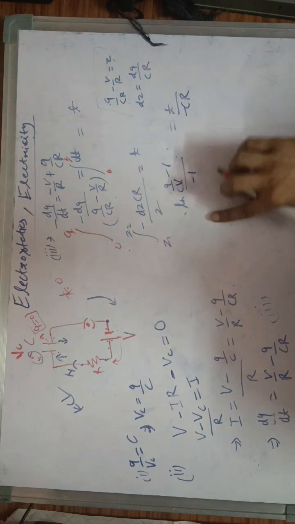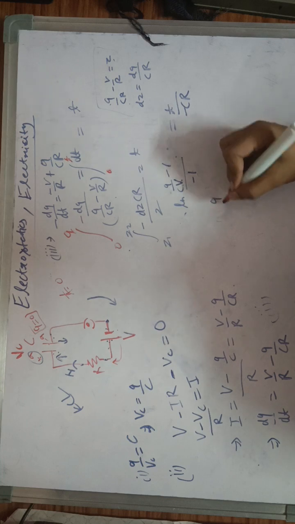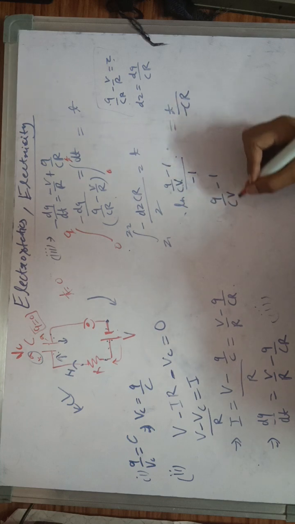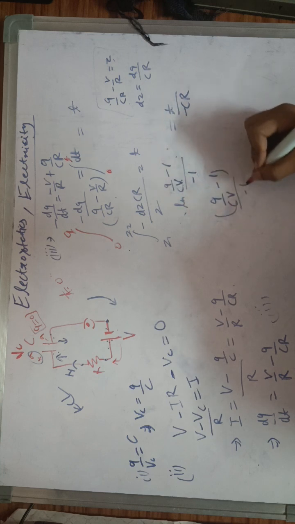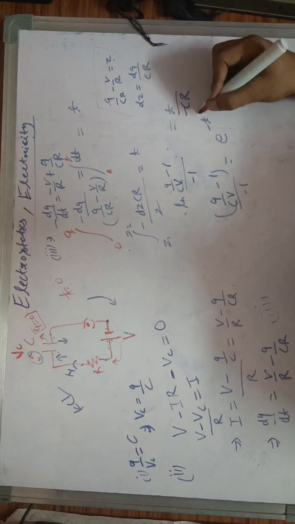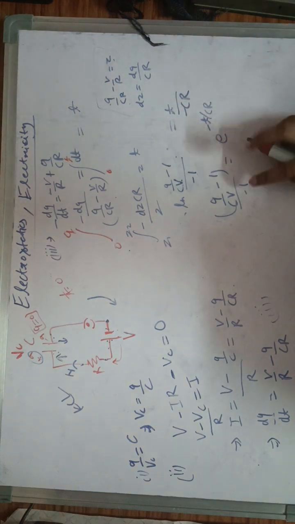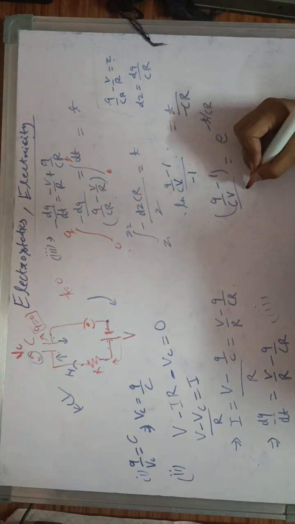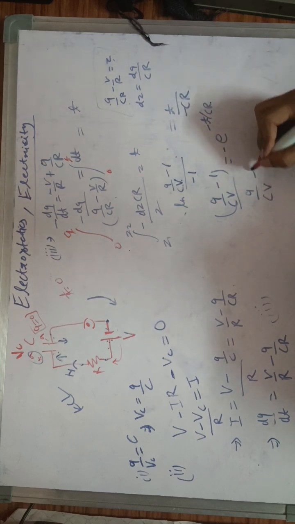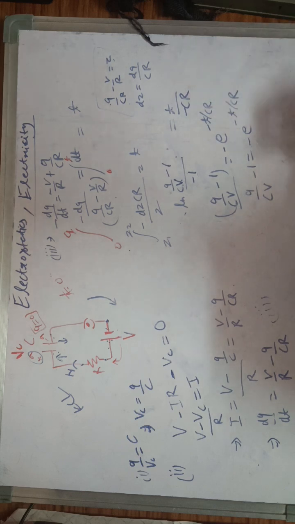and now taking the anti-log we get q by CV minus 1, this divided by minus 1 is equal to e to the power minus t over CR. Now taking this minus 1 sign here, this will give q by CV minus 1 is equal to minus e to the power minus t by CR.